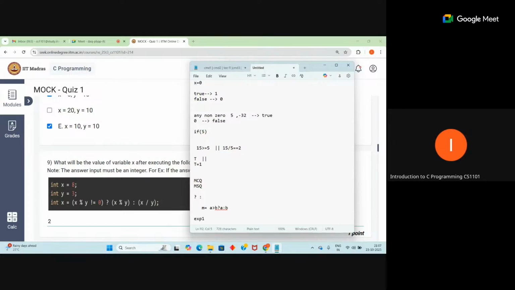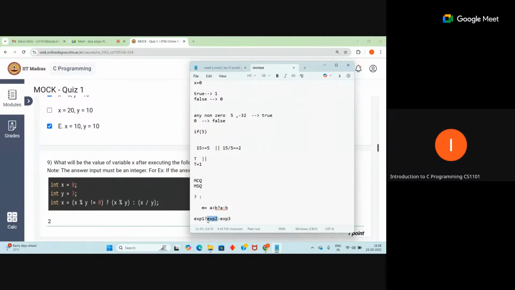So we will have something like this: expression 1 question mark expression 2 colon expression 3. So 3 operands are required. First, it will evaluate expression 1. If expression 1 is true, then expression 2 is your answer, whatever you have after the question mark.